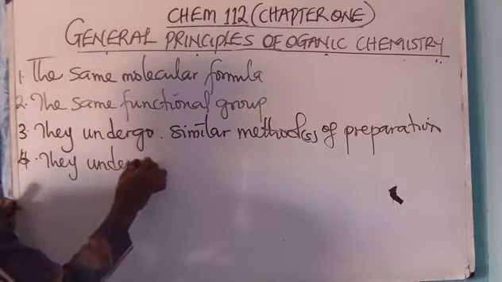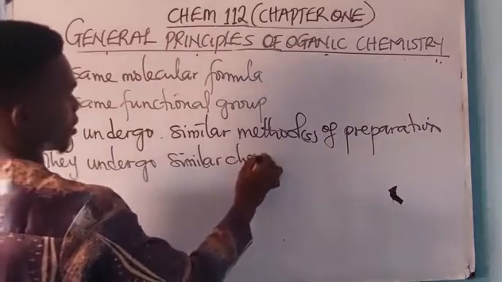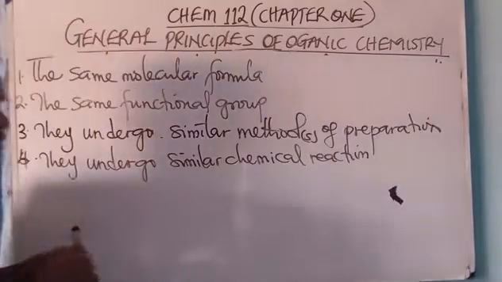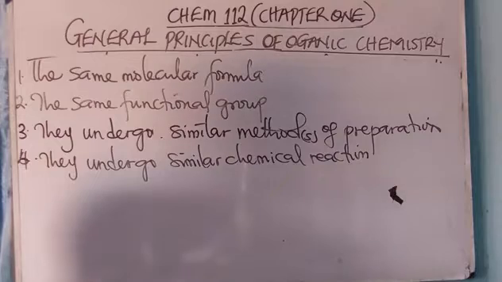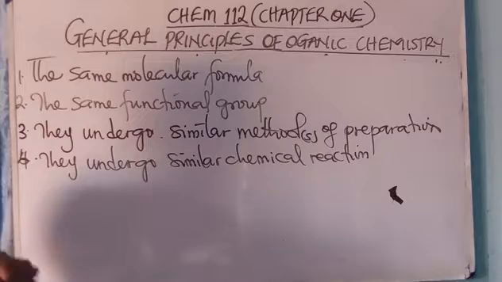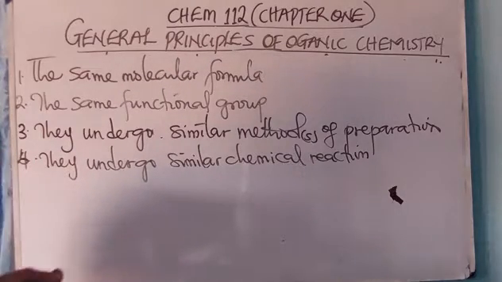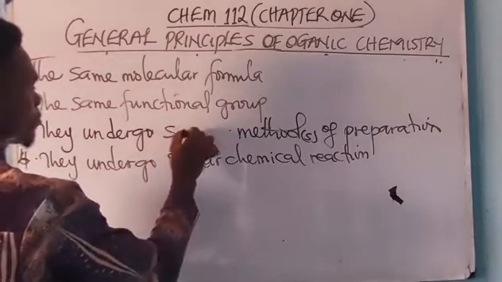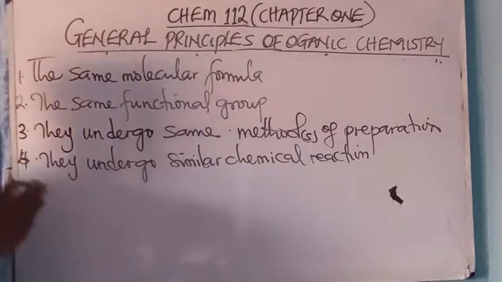They undergo similar chemical reaction. So they will ask us, which of these is not a feature of homologous series? Take notes. They'll tell you they undergo this, okay? They'll say A, they have the same molecular formula, which is very, very correct.